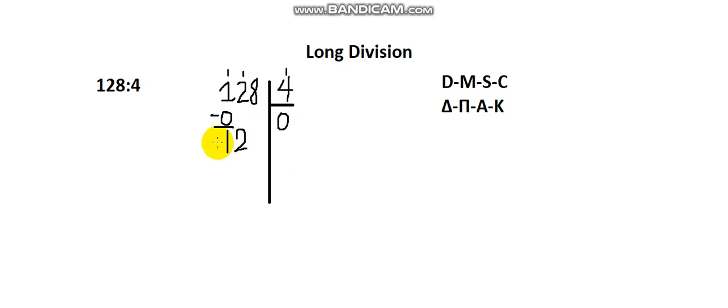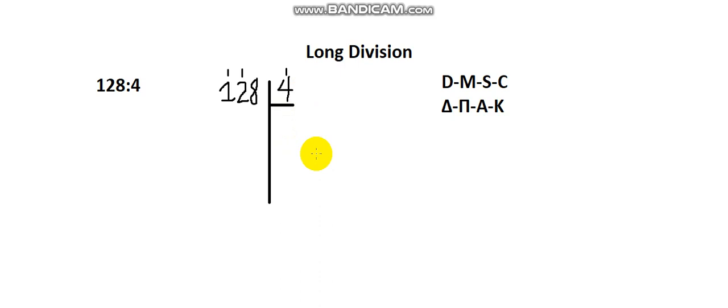But instead of doing all of that, what I can say is, since 4 doesn't fit into 1, I'm just going to put in the next digit as well, and say how many times does 4 fit into 12? Now, if I had actually put the 0 here, I would be doing 12 divided by 4.